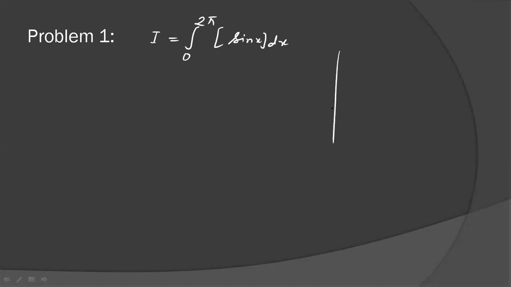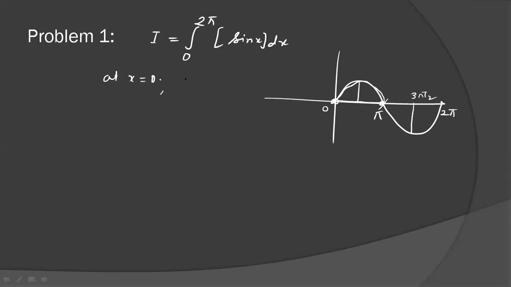So if you see the graph of sin x in the interval 0 to 2 pi, you can see that in 0 to pi it is positive, but at x equal to 0, pi, 3 pi by 2 and 2 pi, sin x is an integer value. Sin x is giving 0 or plus minus 1.